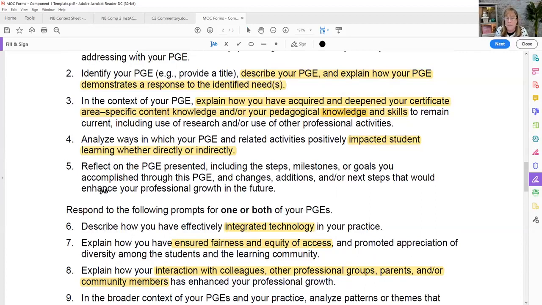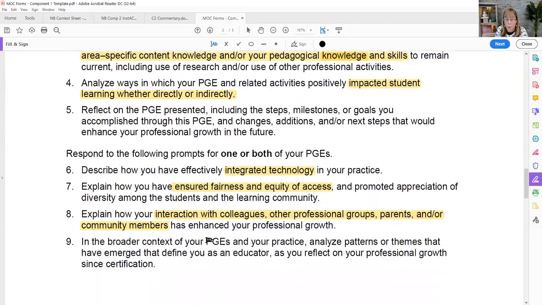So number 5 is very different from number 3, because you must get into the reflective voice. And that is one of your bullet points on your rubric, that you can get in that reflective voice and you can notice patterns and themes in your work, which is down here in number 9.